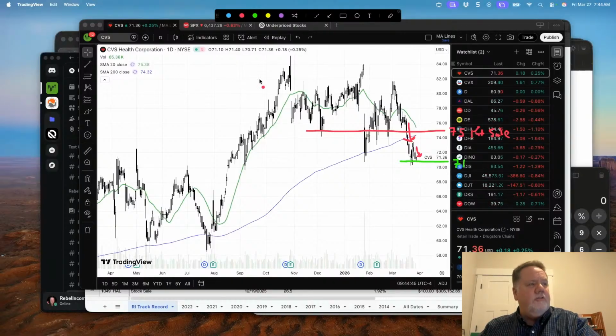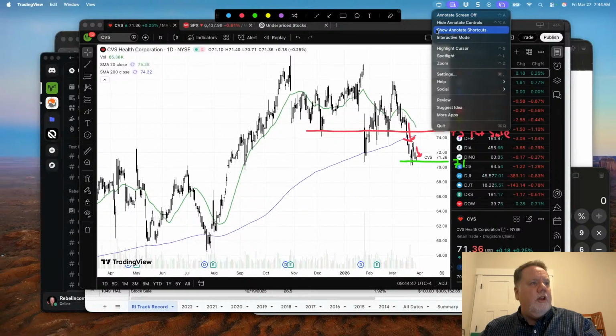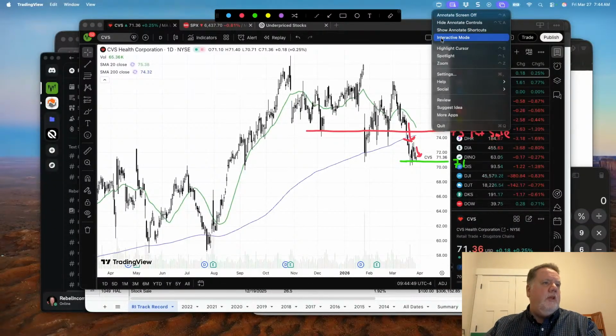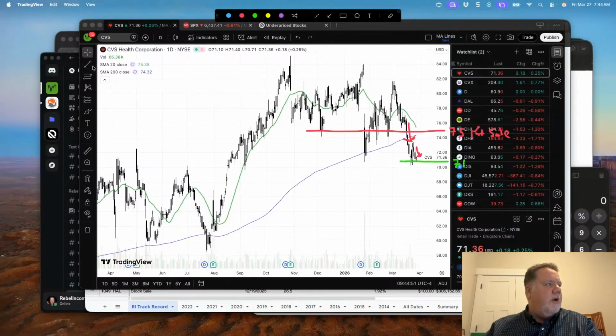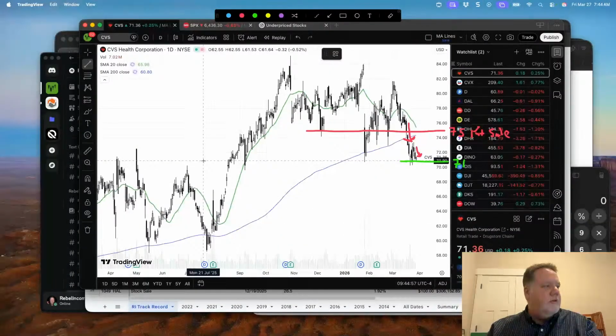If it does, then of course the next question, just like we were doing with the broader market right now, becomes: where is the next level below that? So here is that. Interesting how the current level lines up with this pivot from back in April of last year. There's possibly 69.